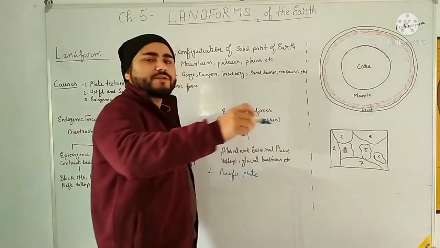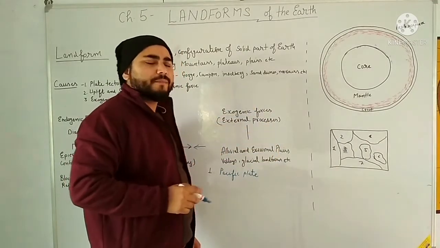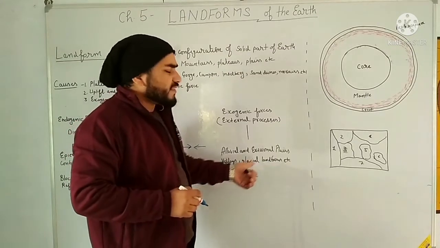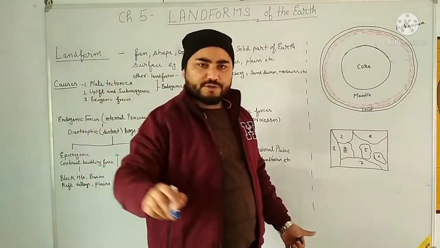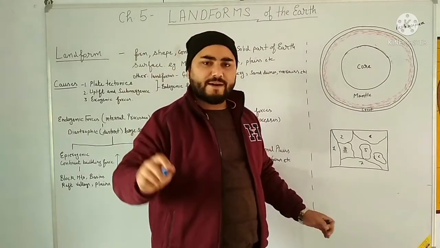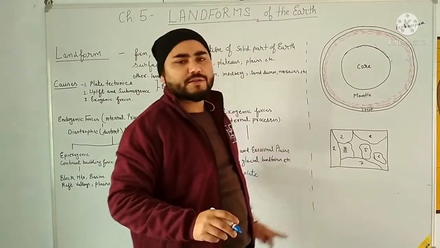That region is called the Pacific Rim or Pacific Ring of Fire. It has faults, and this is one division of the earth crust.